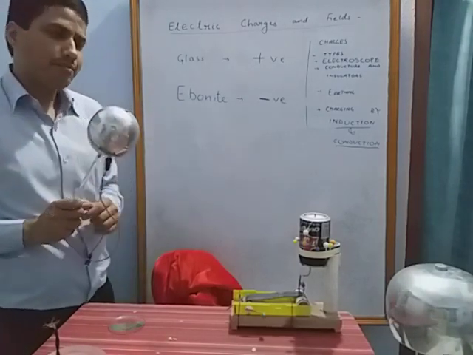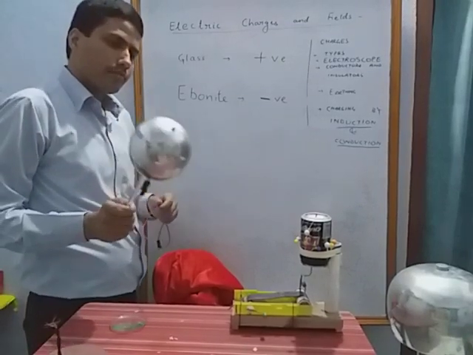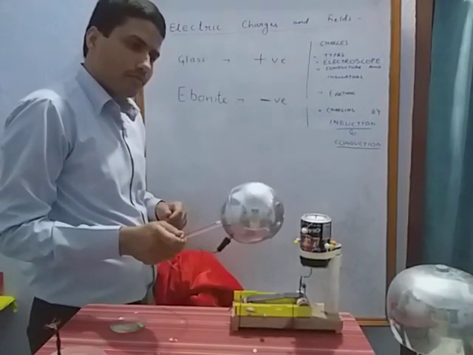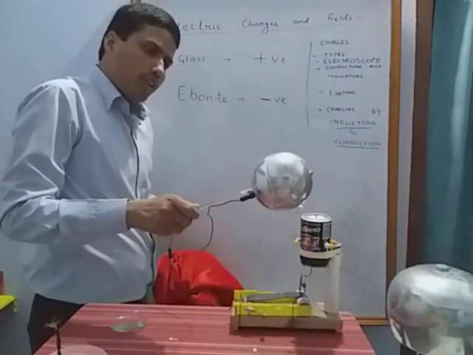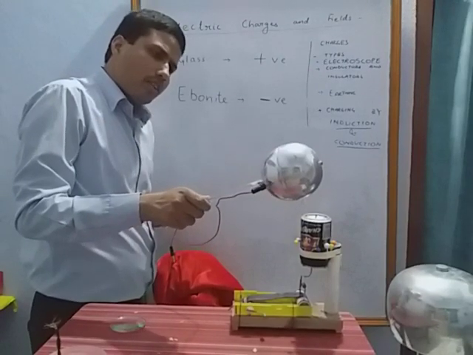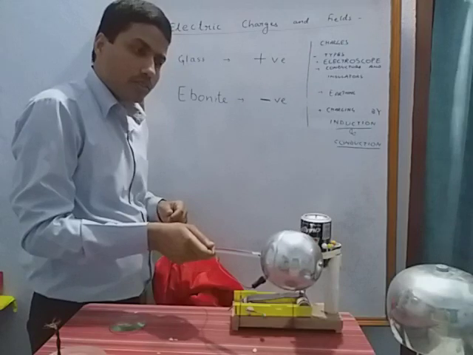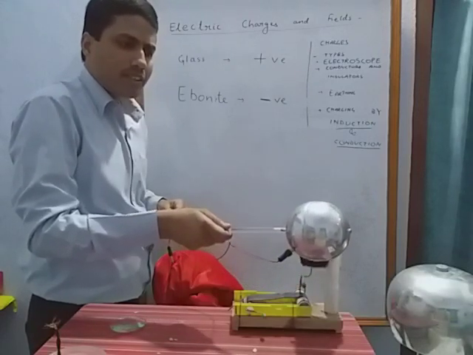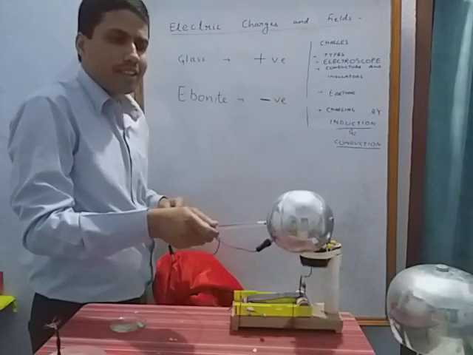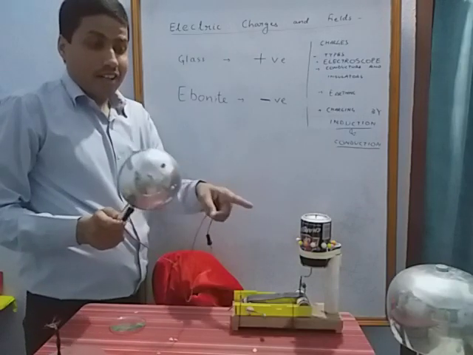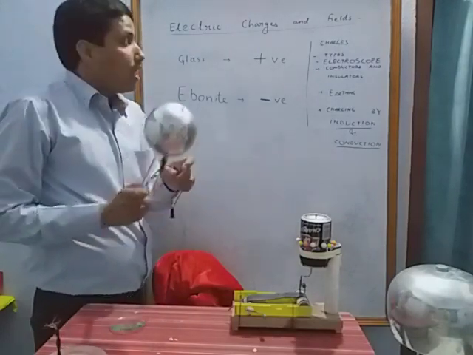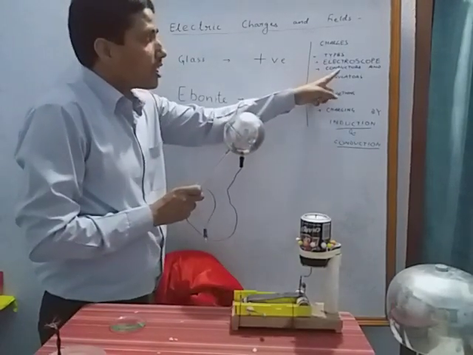Let's see. Oh, it is attracting. To my surprise, how does it attract? A neutral body. Excellent, you can see. And note one more thing. I am just now discussing conductors and insulators.